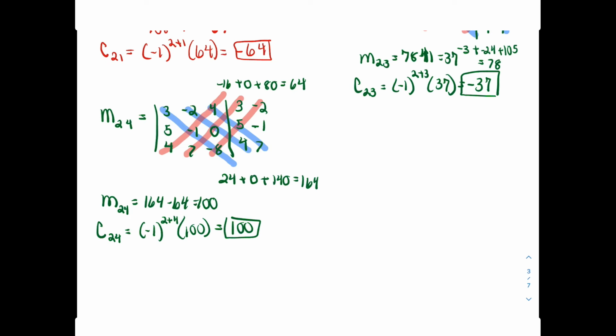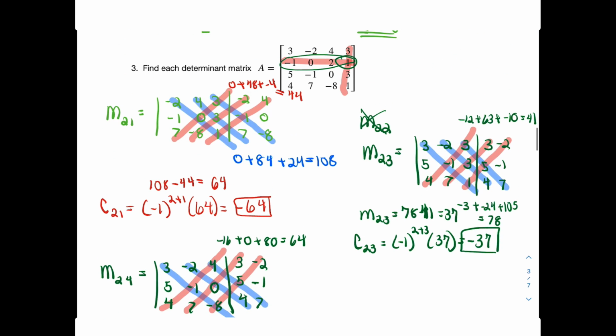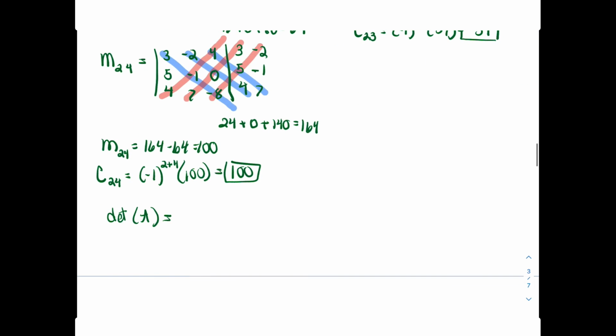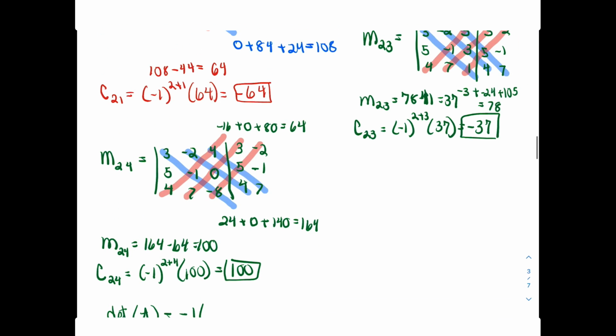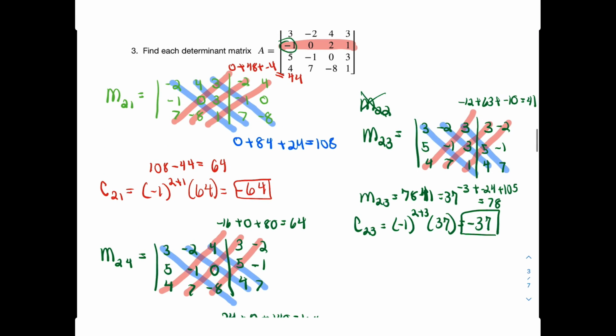My last step is to take each of these individual cofactors and times it by my element entry for that row. So for example, my entry for row 2, column 1 is -1. So I'm going to take -1 and times it by the cofactor for -1. And the cofactor is here in the red, which is negative 64.